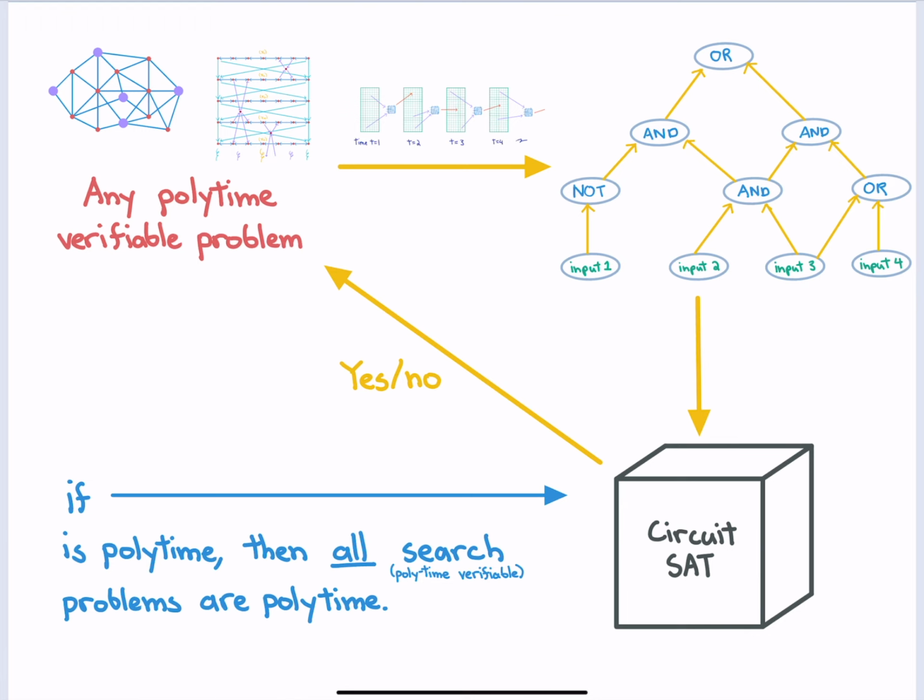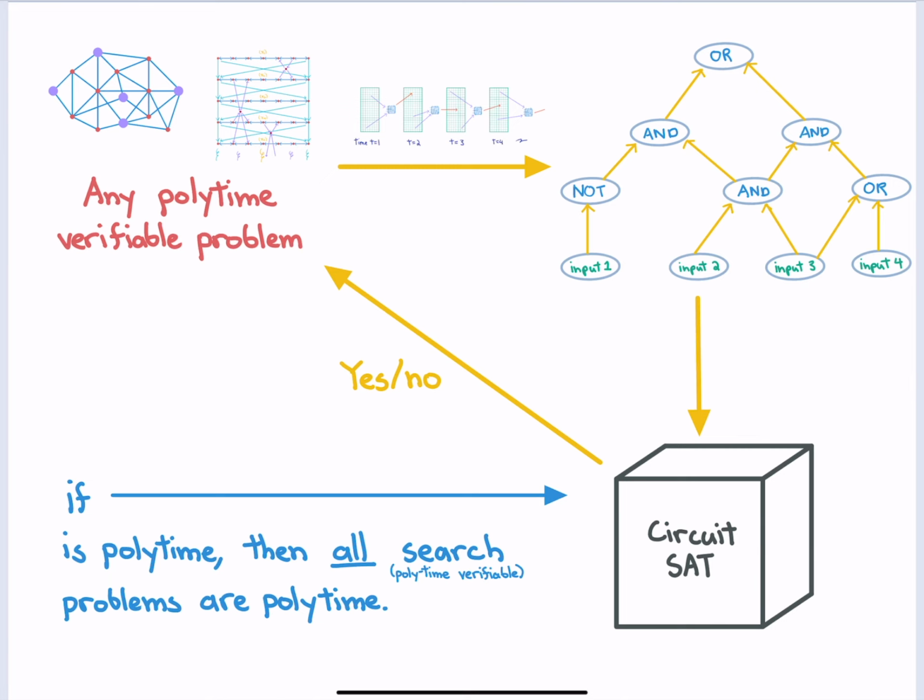All it's doing is verifying a solution. So there exists a circuit, we can construct it, and we can feed that circuit to a black box. That circuit only says yes if you give it an independent set of size k.